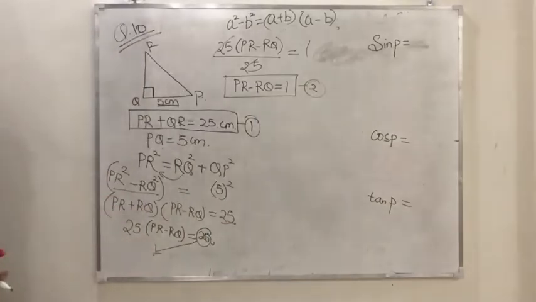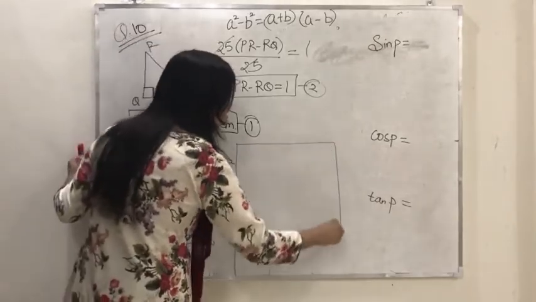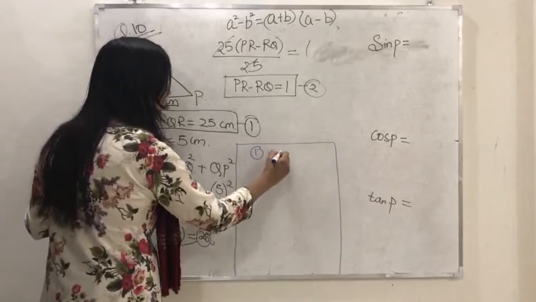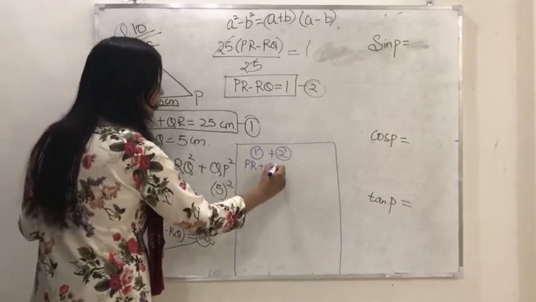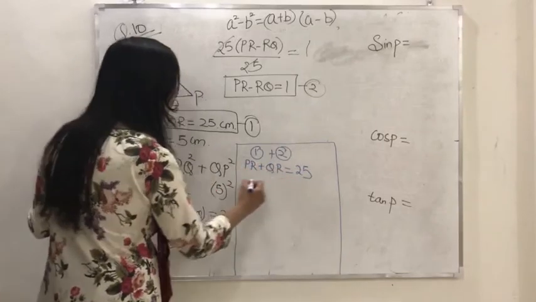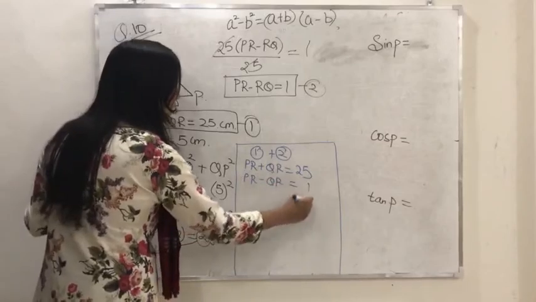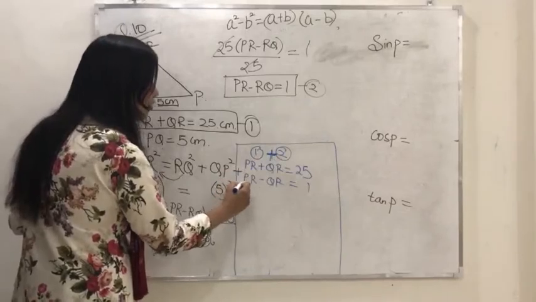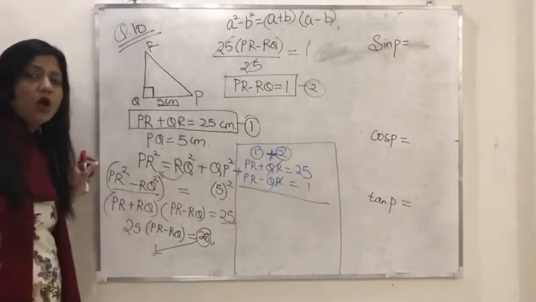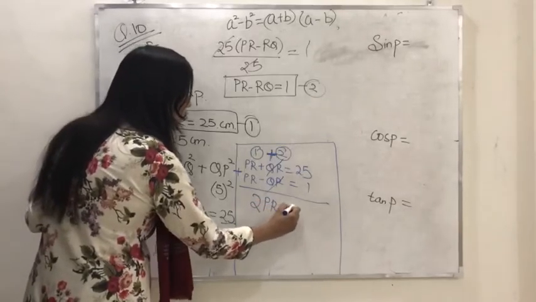Let's add equation number 1 and 2. PR plus QR is 25 and PR minus QR is 1. When I add these two equations, QR will cancel out with QR and twice of PR will be equal to 26.